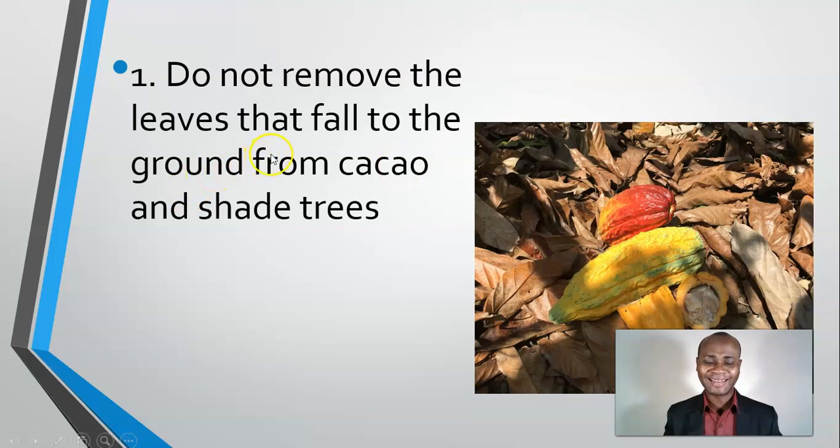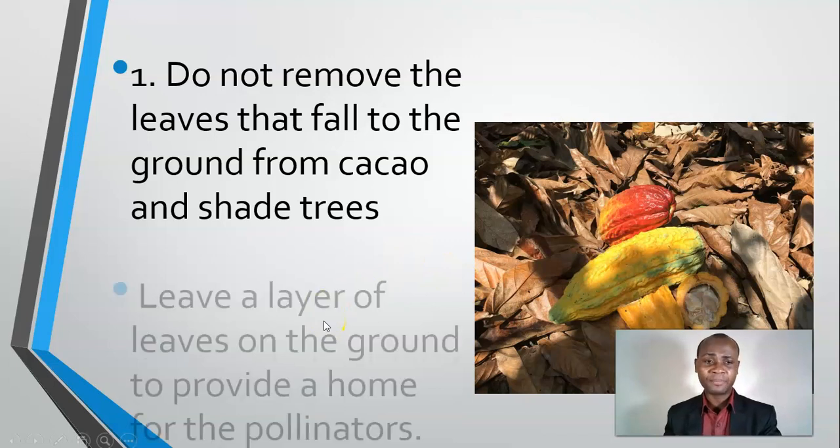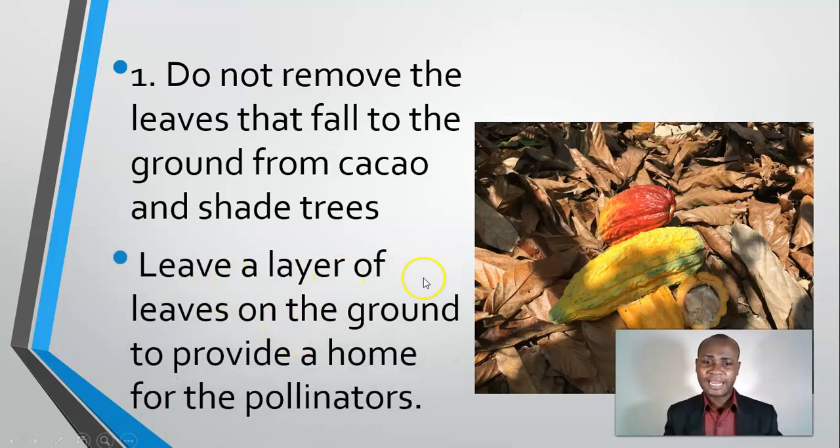Do not remove the leaves that fall to the ground from the cacao or from the shade trees. On the farm, you are going to have a lot of leaves at the base of the trees. Please don't remove them, because the leaf layer on the ground provides a home for the pollinators. Earlier, we made mention of midges.